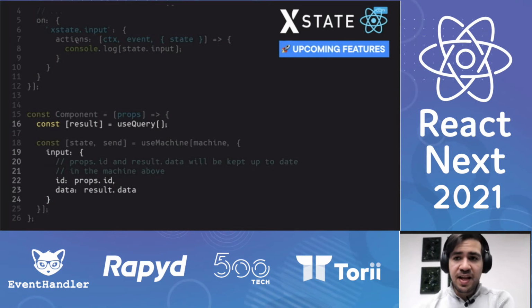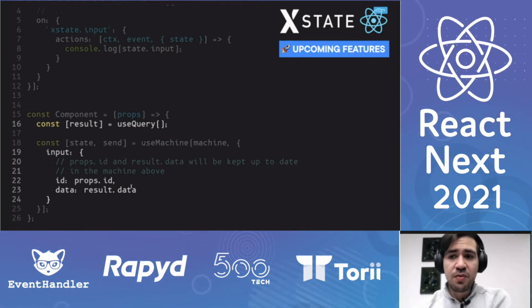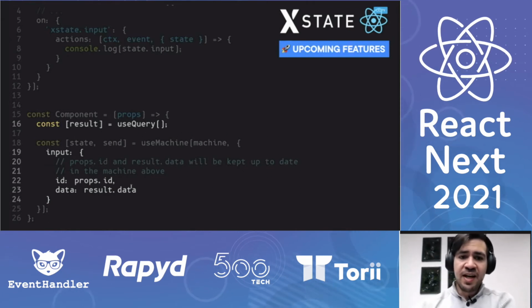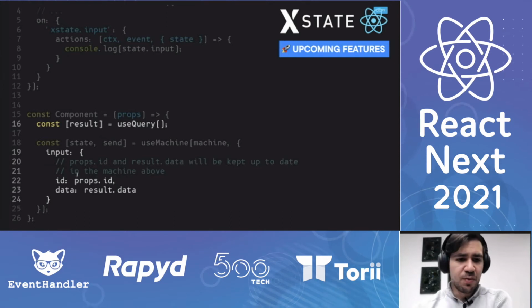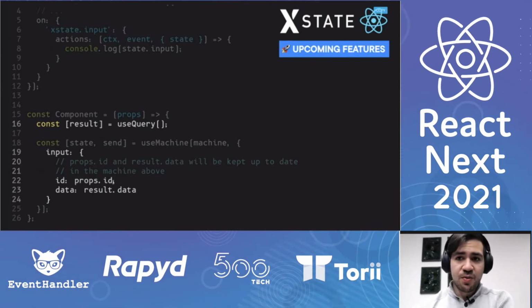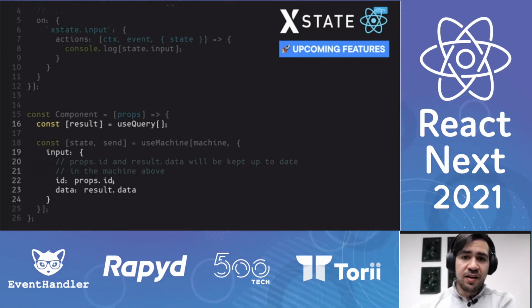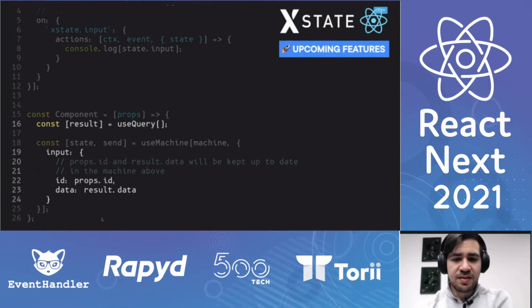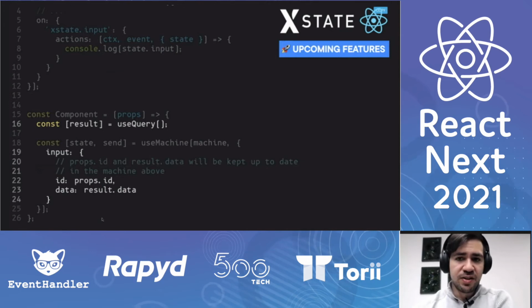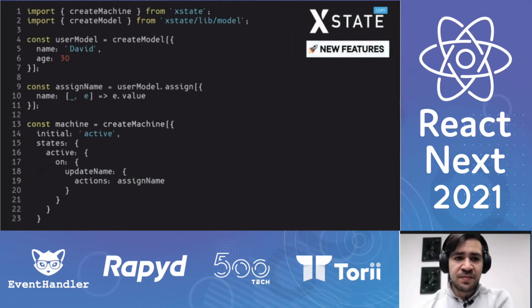And that xstate.input event is going to fire whenever these change. So now we don't have to worry about converting this to an event and useEffects or anything like that anymore. Just put it in input, and it's going to feel just like updated props in the machine. So this is going to make, again, third-party library integration a lot easier.